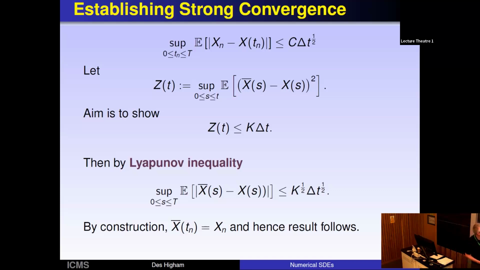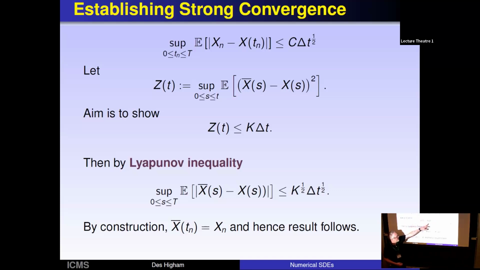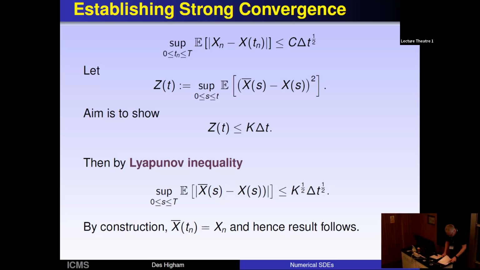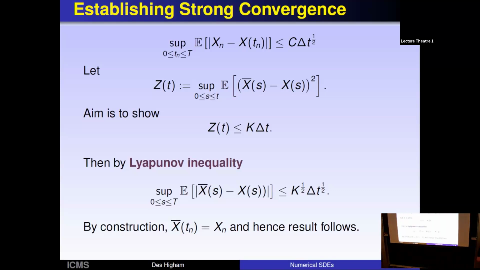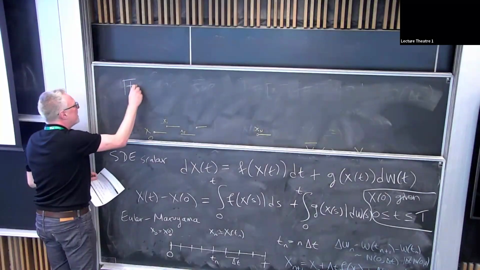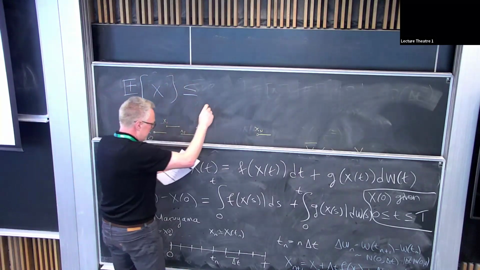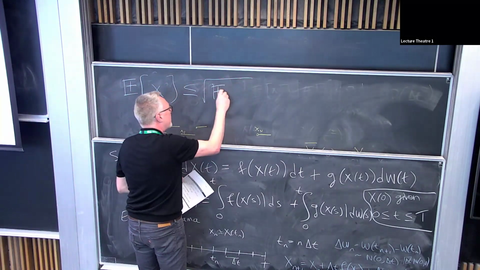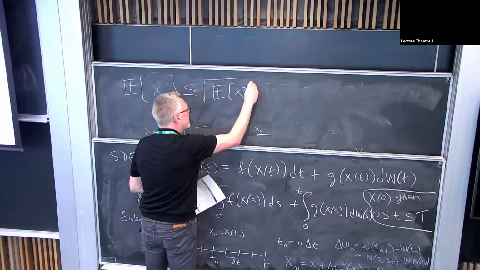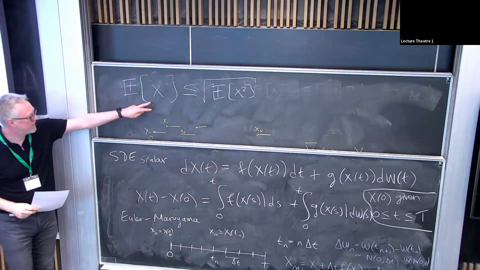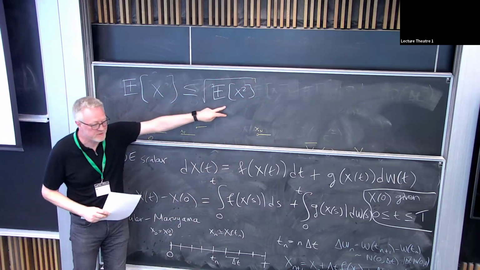We'd like to show that this version with the mean square behaves like delta t, because then by a magic result, which you might think of as Jensen's inequality, but I think in this context, it's actually Lyapunov, the expected value of this random variable x is bounded by the square root of the expected value of x squared.